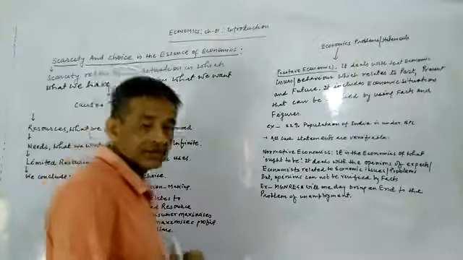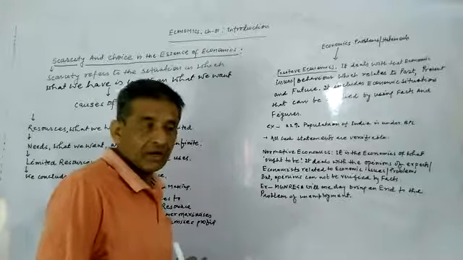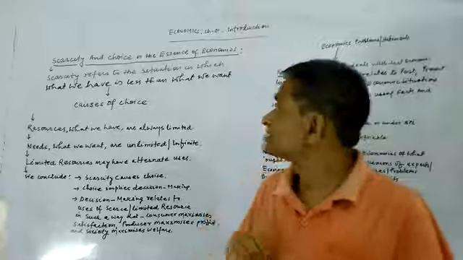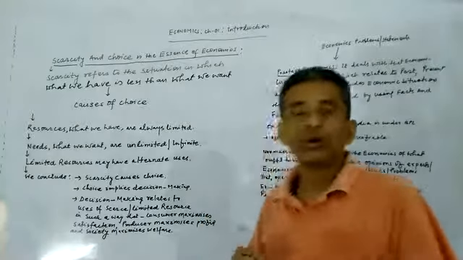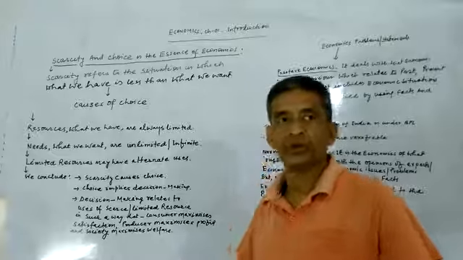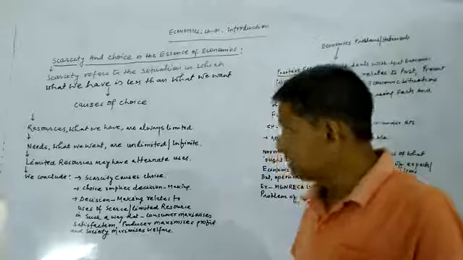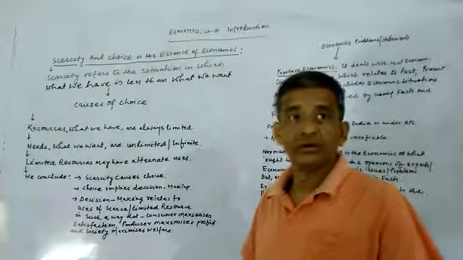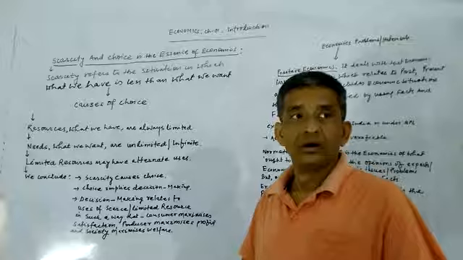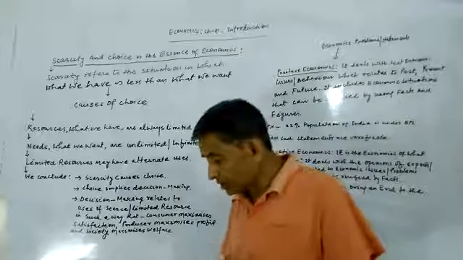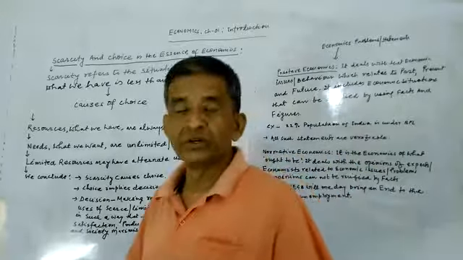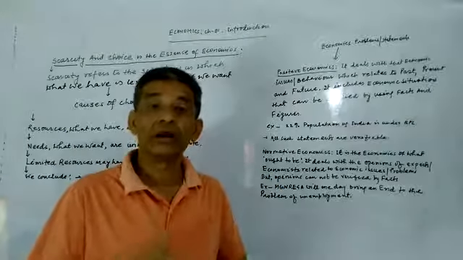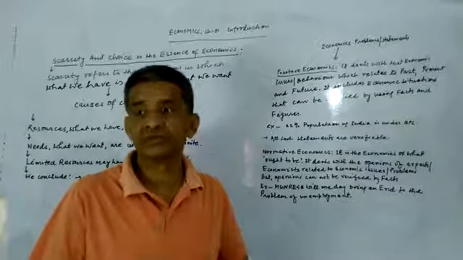What is the meaning of scarcity? Scarcity or limitation is the situation in which what we have is less than what we want. For example, we want 10,000 rupees to fulfill all our current needs, but we are having only 5,000 rupees.